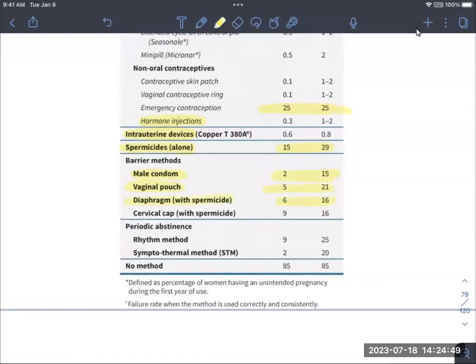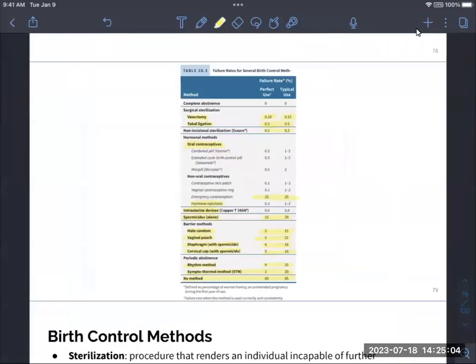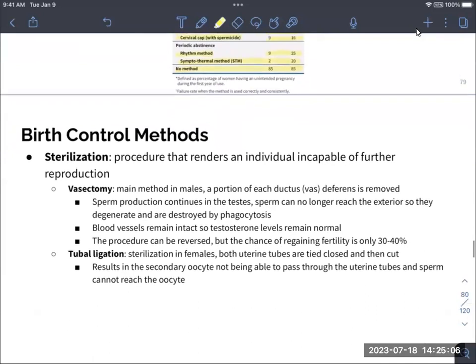Spermicide is supposed to help kill sperm. Cervical cap with spermicide. The rhythmic method, the symptothermal method, no method at all. So we'll go through some of these.